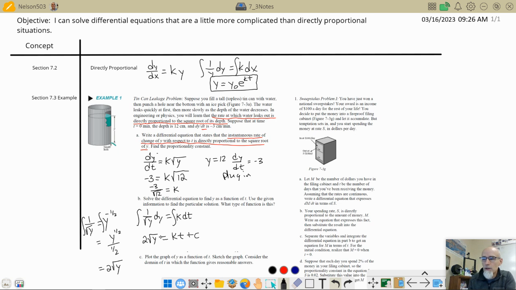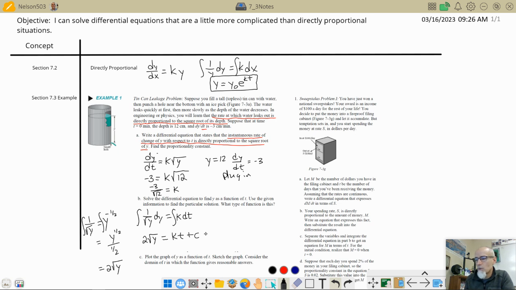Now, I know we could have a c over here, but we said if there's a plus c here and a plus c here, we're going to move the constants all to one side of the equation, right? So it says solve the differential equation, find y as a function of t. Okay, well, right now it's not completely solved for y. So what I'm going to do is divide both sides by 2, and I'm going to square both sides.